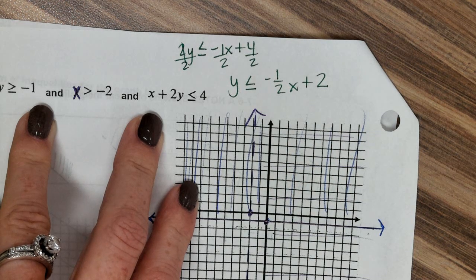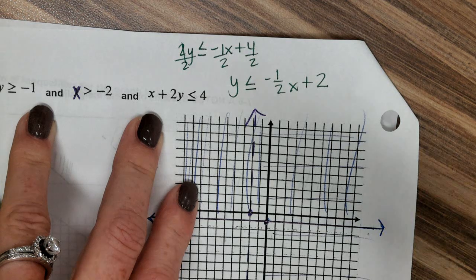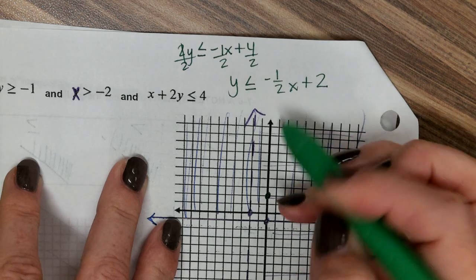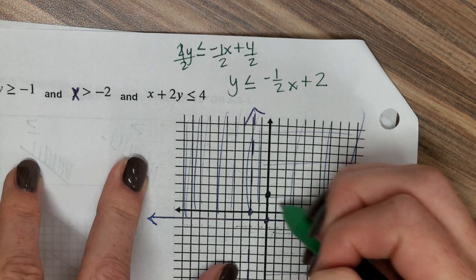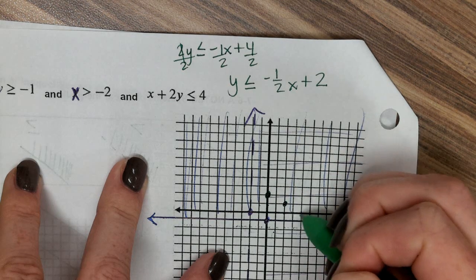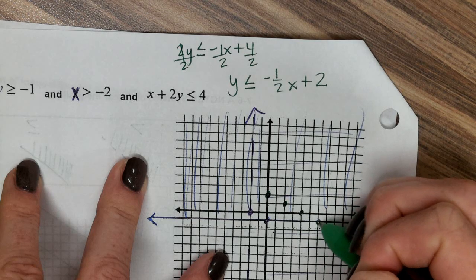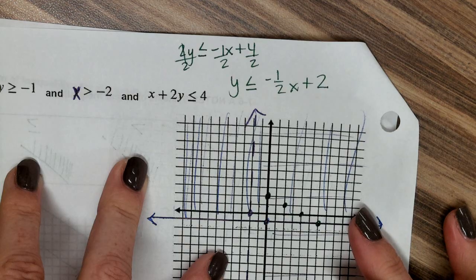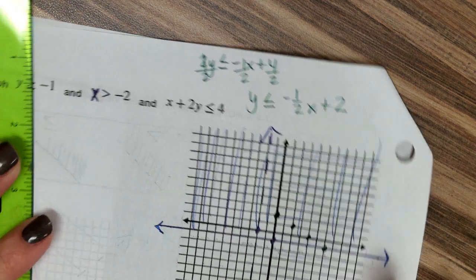All right, what's my y-intercept? 2. So I'm going to go here to the y-axis to 2. I'm going to go down 1, right 2. Is it going to be solid or dashed? Solid.